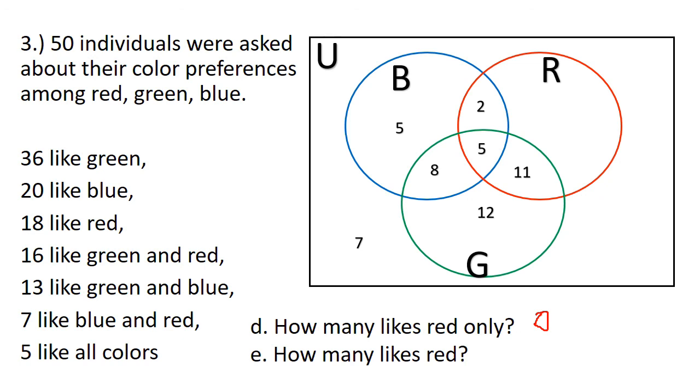Letter E. How many like red? This is the cardinality of red that we are asked. How many all in all like red? If we look at our given, there are 18 individuals who like red. So our answer here is 18.